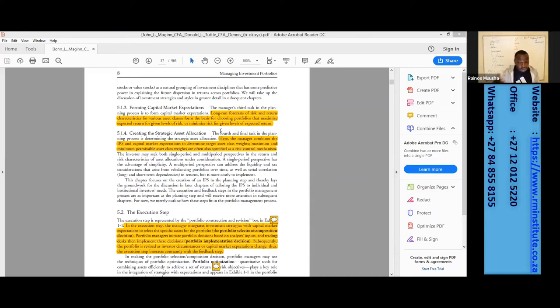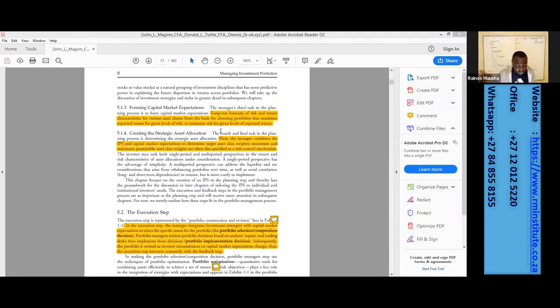And another way of managing your risk when you look at strategic asset allocation is by putting ranges of permissible allocations as well, so that you are avoiding having a situation where in the short run, which we call tactical asset allocation, the portfolio manager ends up investing 100% of the portfolio in equity because they're trying to seek a better return, which ends up overexposing the investor as well.